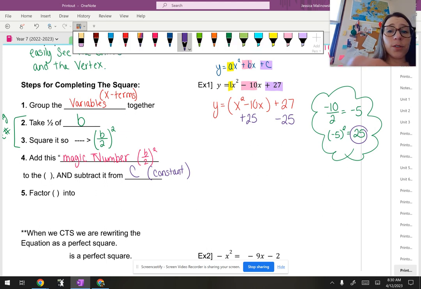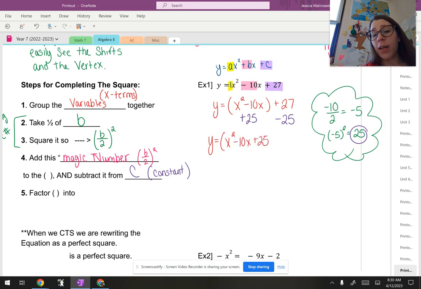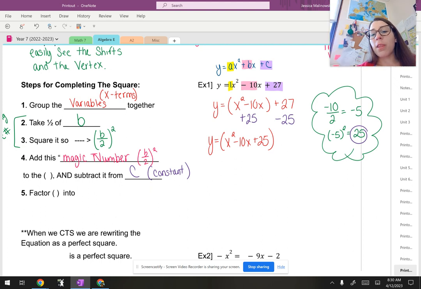Okay, so let's rewrite. Now we have y equals x squared minus 10x plus 25. And you'll see now inside of those parentheses we have a trinomial, which we just spent all of last unit factoring. So we'll be able to factor this trinomial into two binomials. 27 minus 25 is going to be a positive 2.